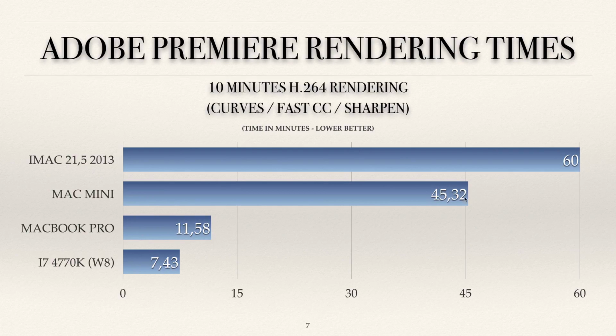For a 10-minute video, rendering 45 minutes, wow, it's a lot. 60 minutes, it's a lot. If you make a video of 30 minutes, half an hour, you will take 3 hours to render that video with these effects.